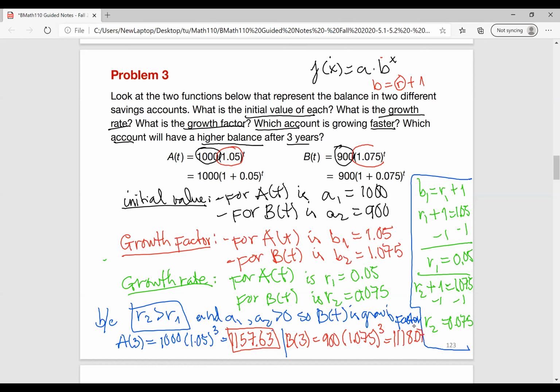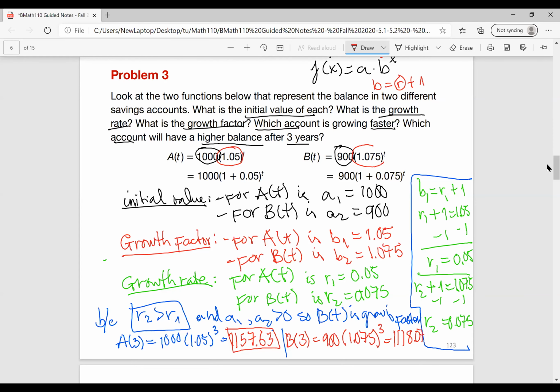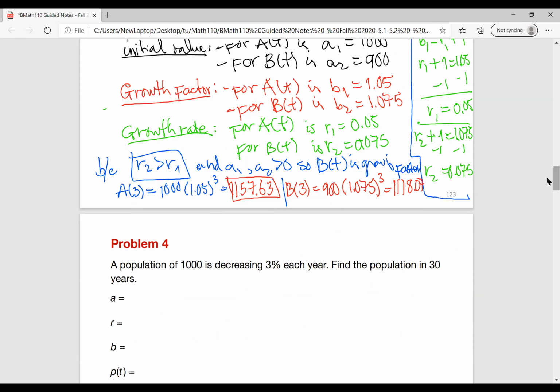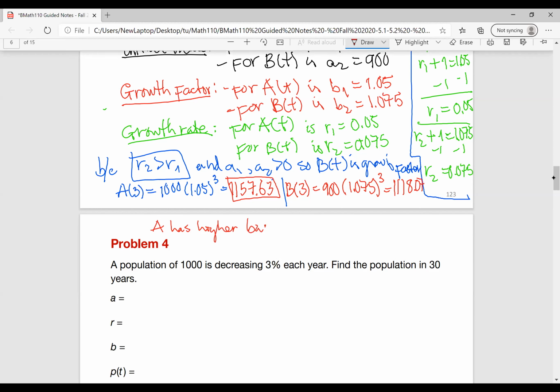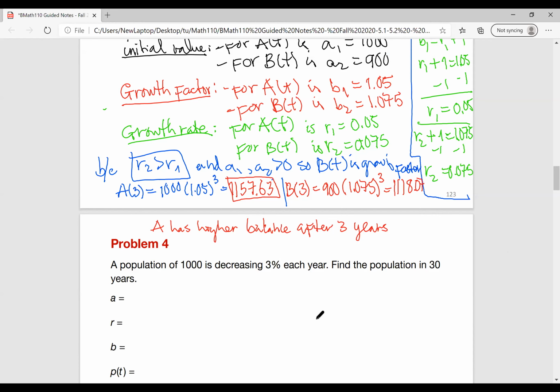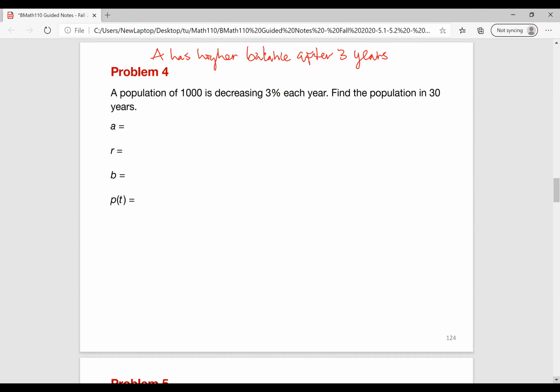So account A is going to have a higher balance. So right here, A has higher balance after 3 years. Okay, so let's move to the next page.